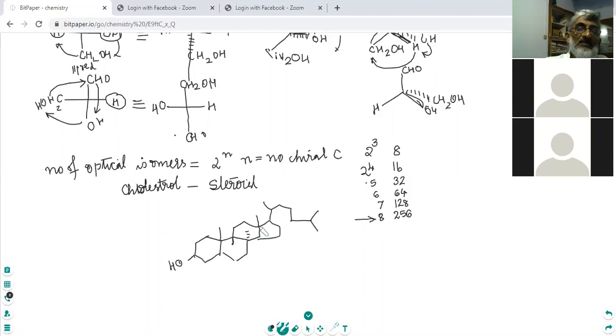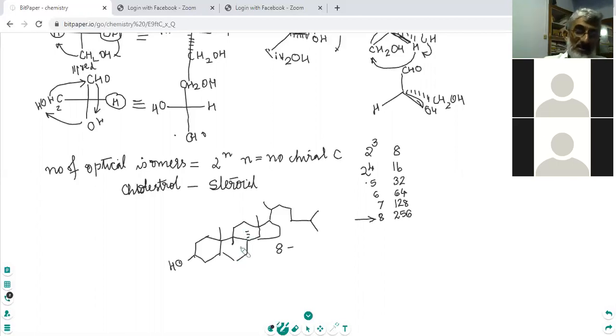This is chiral, all these, there are many chiral carbons. There are 8 chiral carbons on this. So you can write 256 structures. Out of this, only one compound is actually cholesterol.